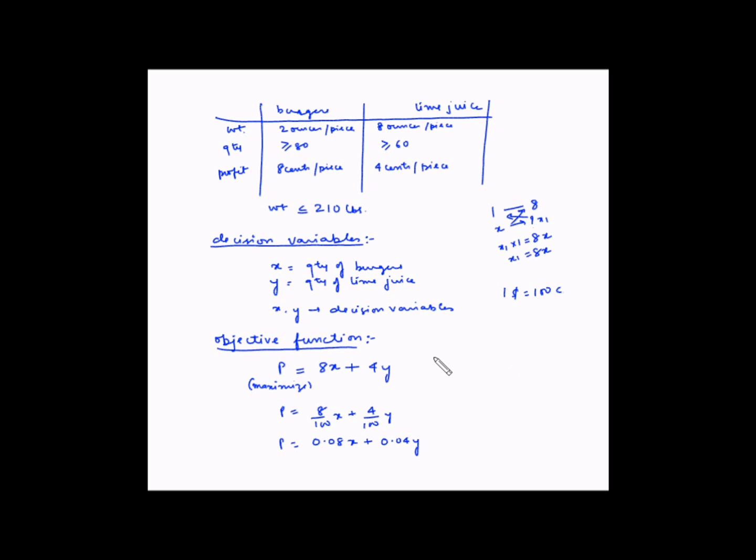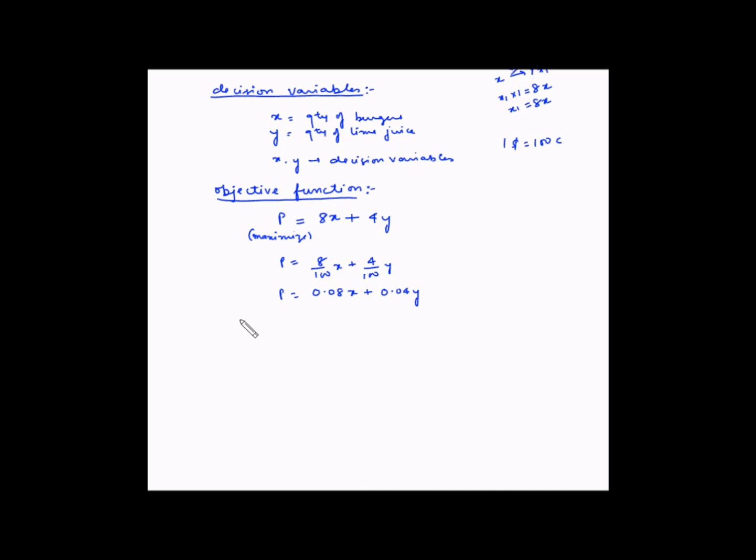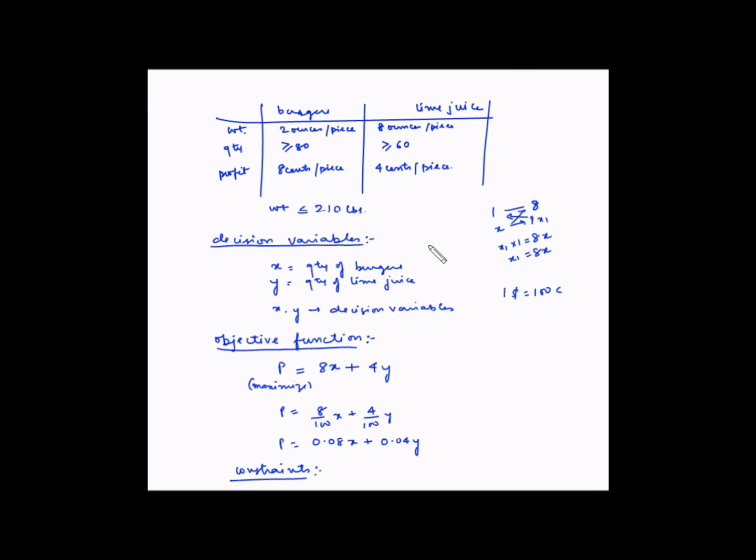The next step would be to determine the constraints. So the first constraint that has been given to us is that the cart can support a maximum weight of 210 pounds.